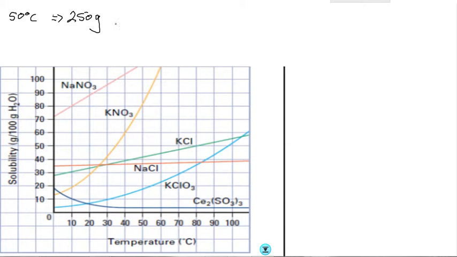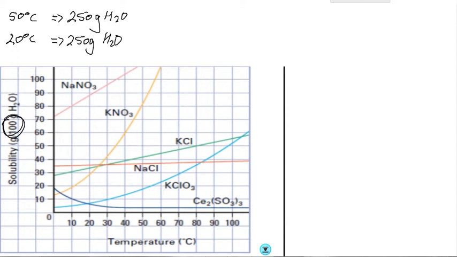So we've increased the amount of water, and we cool that down from 50 degrees Celsius to 20 degrees Celsius. And again it's going to be dissolved in 250 grams of water, as opposed to our graph, which again shows everything per 100 grams of the water.